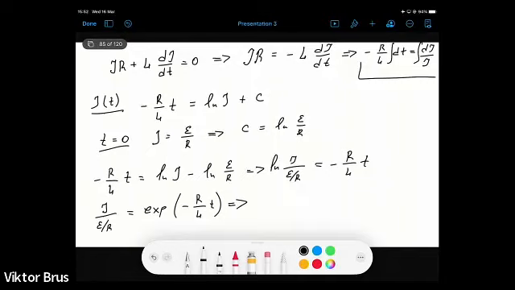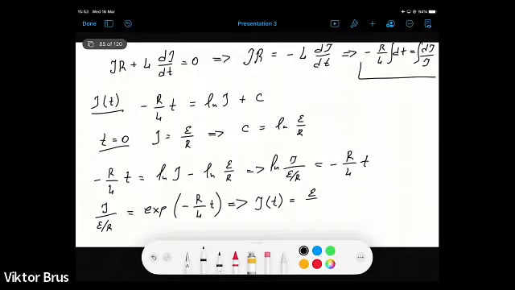And from here, we eventually get the expression for electric current as a function of time when this electric current is decaying in the RL circuit.